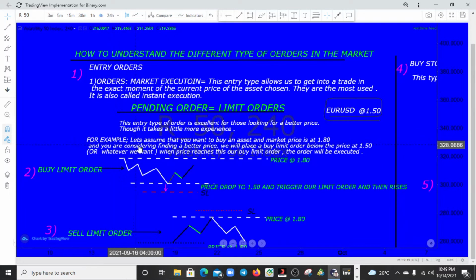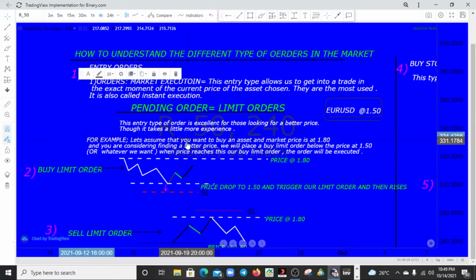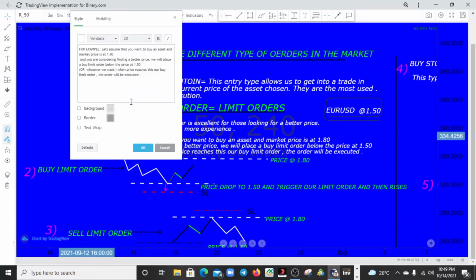For example, let's assume that you want to buy an asset and the market price is at 1.80, and you are considering finding a better price, right?